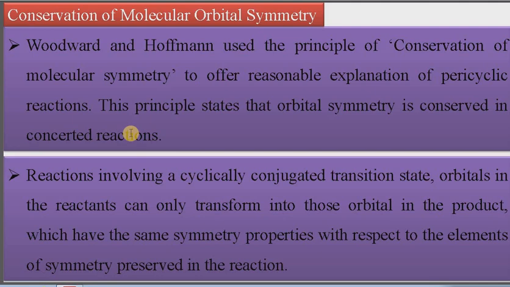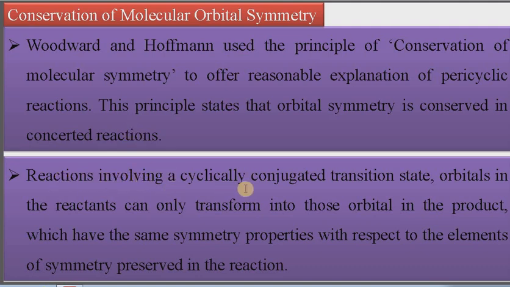Two chemists, R.B. Woodward and R. Hoffmann, have proposed an explanation based upon the symmetry of the molecular orbitals of the reactants and products. This theory is known as conservation of molecular orbital symmetry. This principle states that orbital symmetry is conserved in concerted reactions.